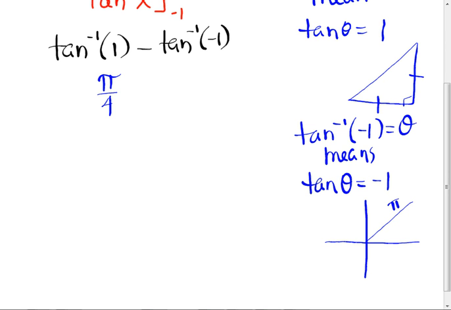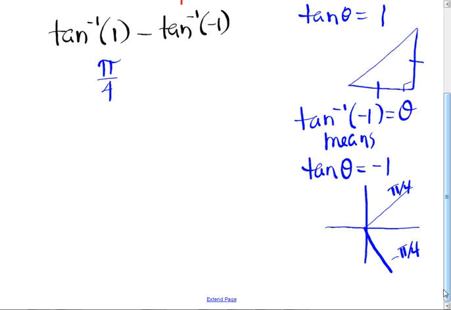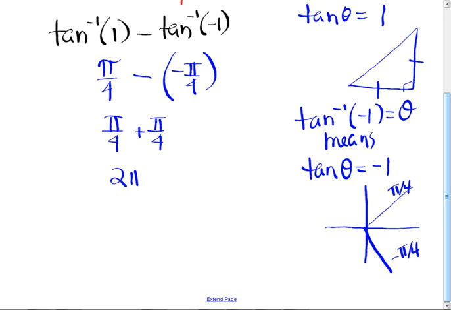Here's pi over 4, first and, no, fourth. And this is minus pi over 4. So this angle here is minus pi over 4, so it's really pi over 4 plus pi over 4. How much does that add up to? 2 pi over 4, or pi over 2.